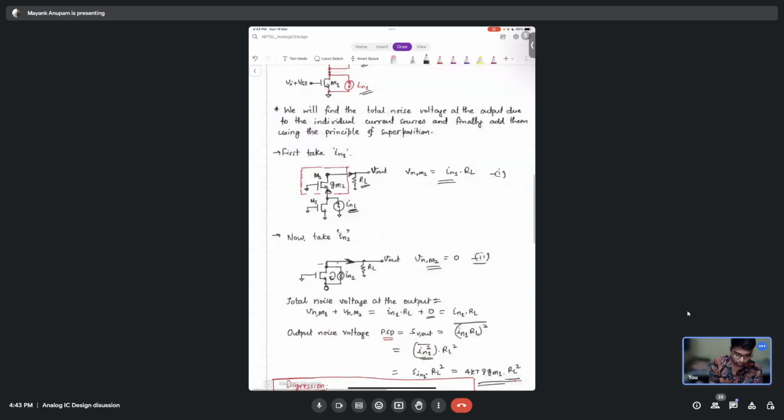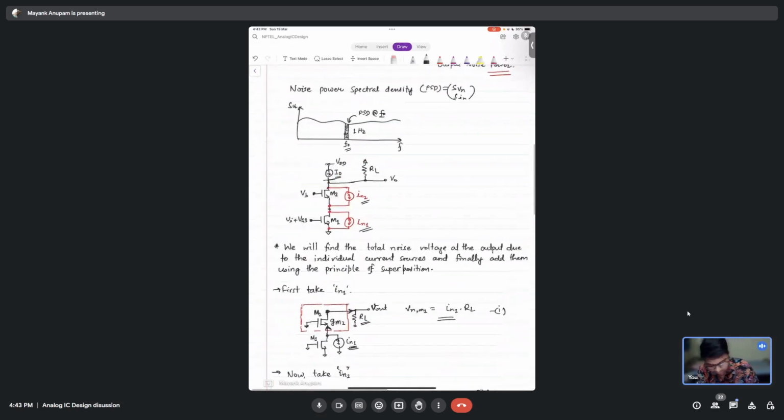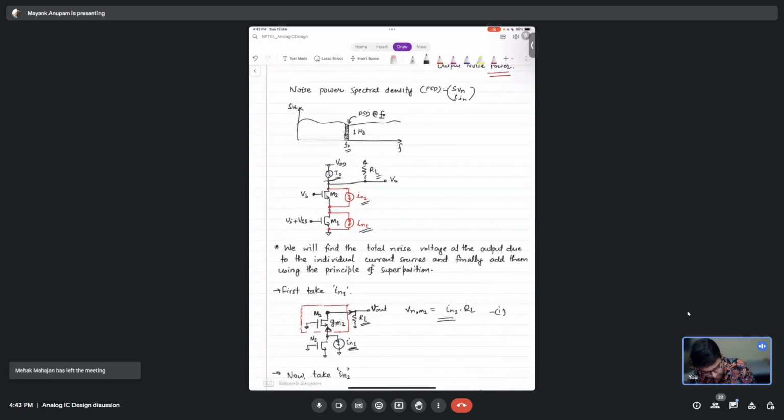But the point of this question was not to emphasize RL. It was to emphasize the procedure that we took here. Basically, RL is used so the noise is not infinite, right? There will definitely always be some load connected at the output. Here it is just RL.